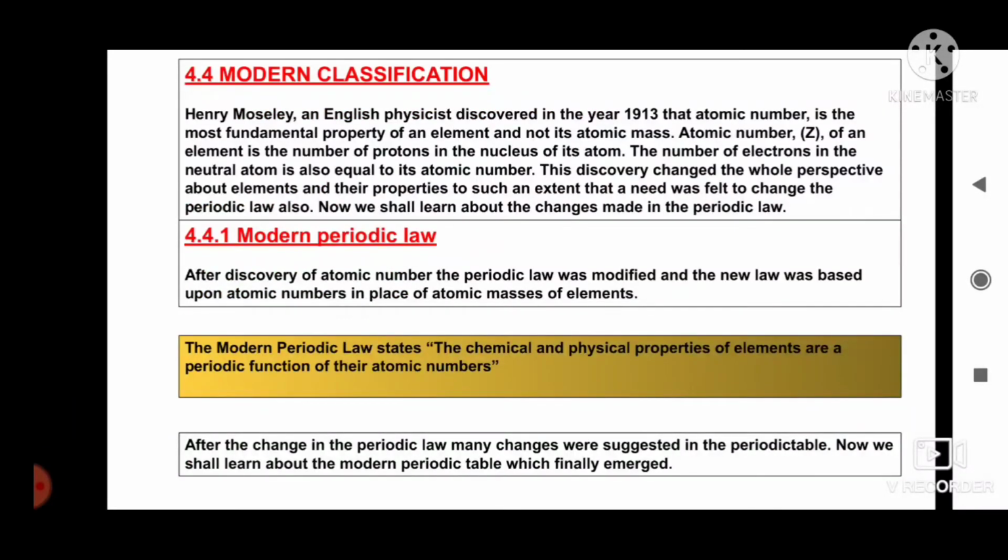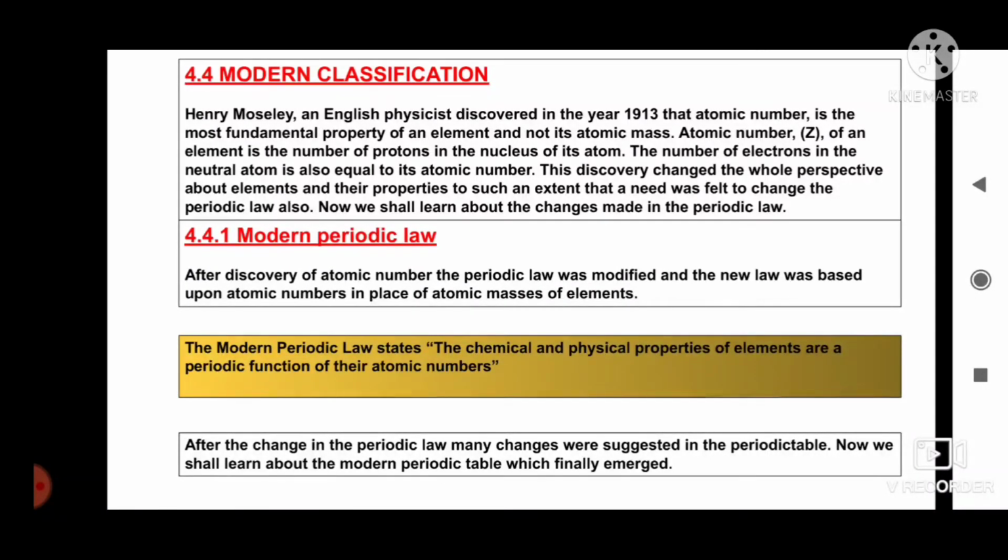The modern classification was proposed by Henry Moseley. In 1913, Henry Moseley, an English physicist, discovered that atomic number is the most fundamental property of an element, not its atomic mass.